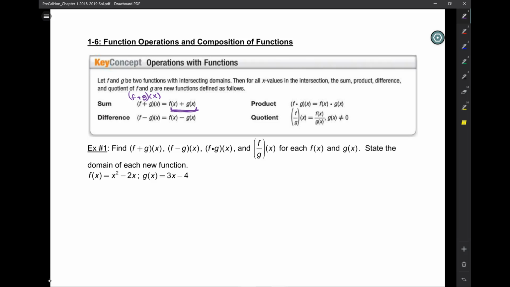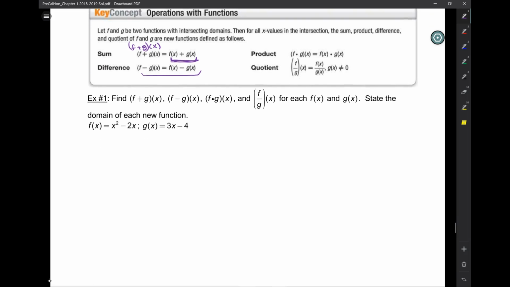And similarly, instead of saying f of x minus g of x, I could just say f minus g of x. And also, if I have f times g of x, that's shorthand for f of x times g of x, and so on.